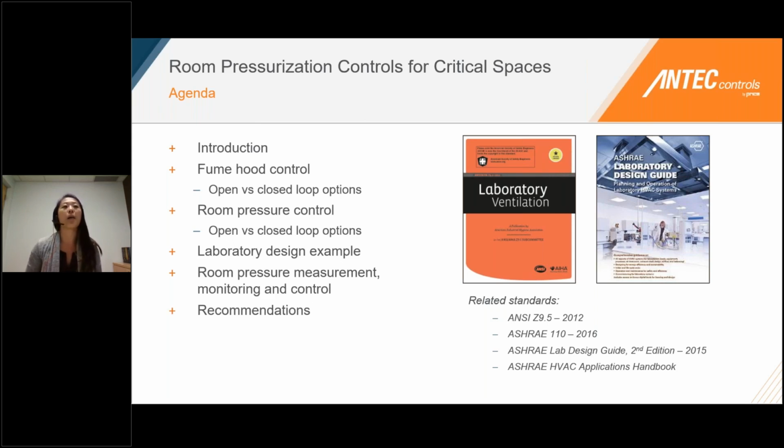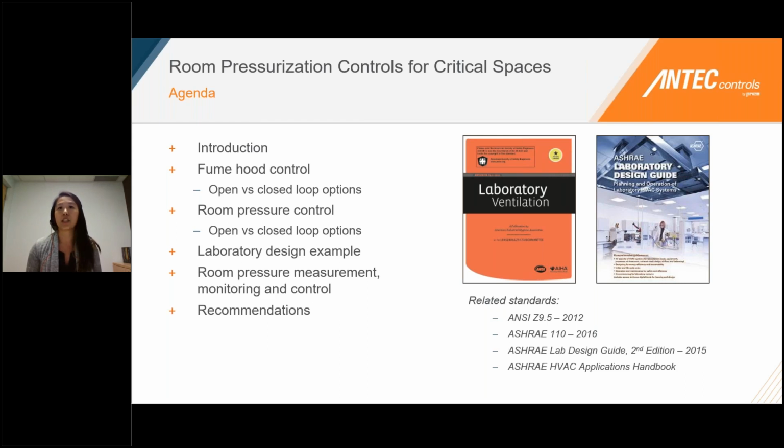And then lastly, I'm just going to touch on the differences between room pressure measurement, monitoring, and control. This is really important with regards to critical spaces because the pressurization of the space is very important. So just knowing the difference between each of these types of language, and also knowing what type of equipment or hardware is required in relation to each of these definitions.